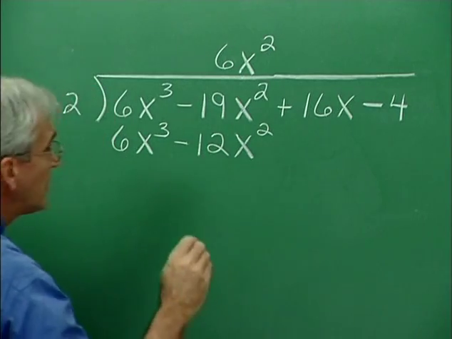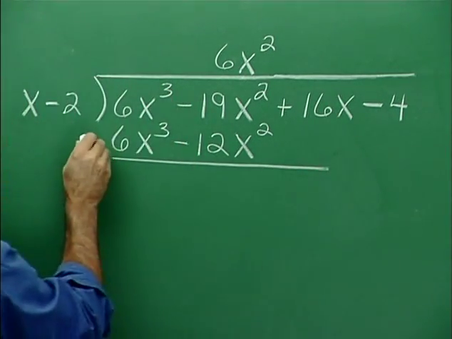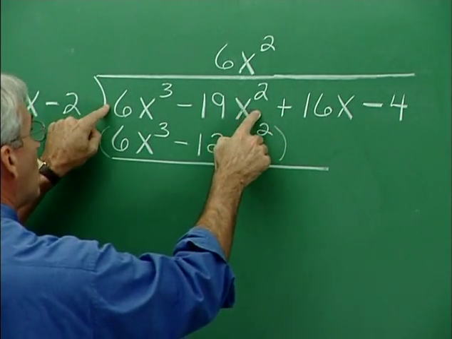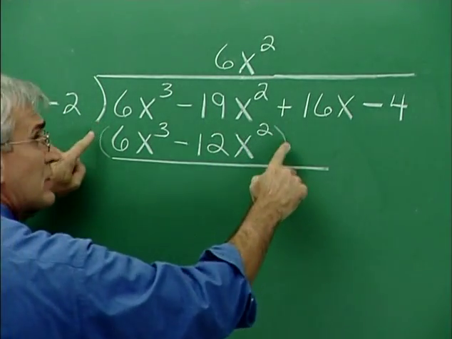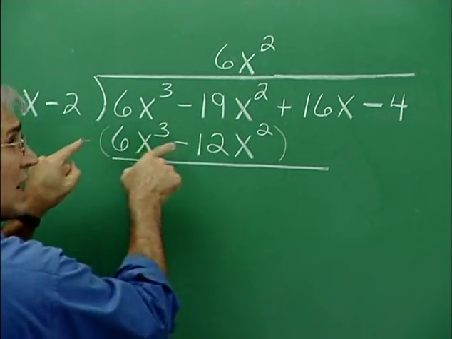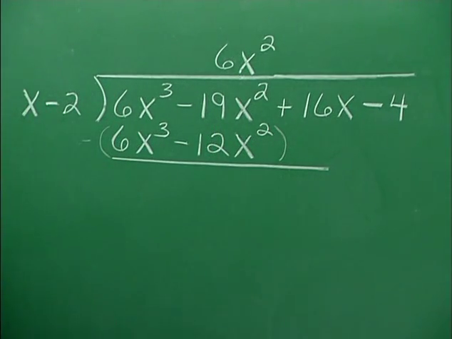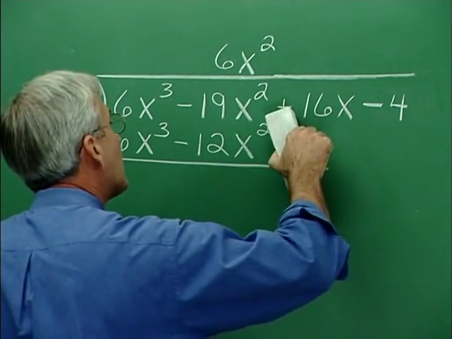Now our prescription for long division would be to draw a line and subtract. That is, we want to subtract this polynomial from that polynomial. But you notice we have a minus sign preceding a parenthesis here, so we would need to change the signs and then collect. To accomplish that sign change, I'd rather consider it like this.